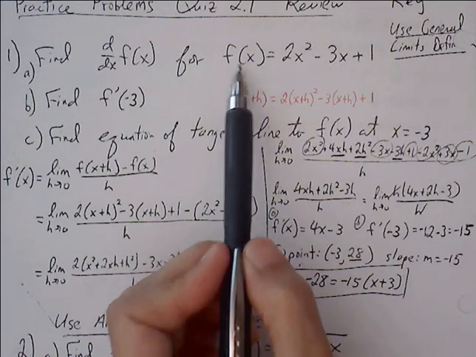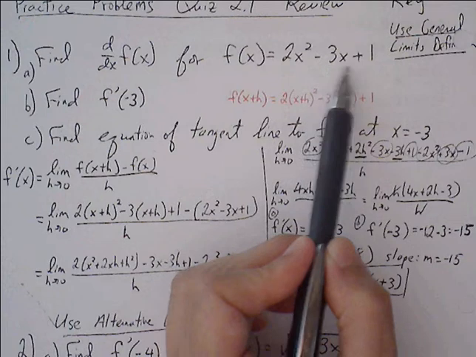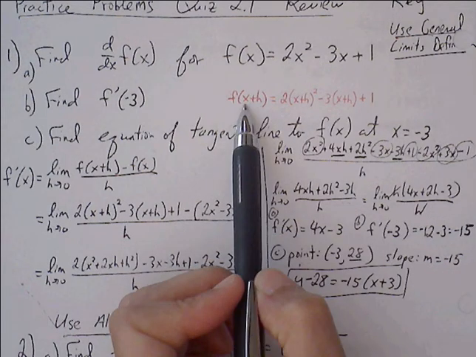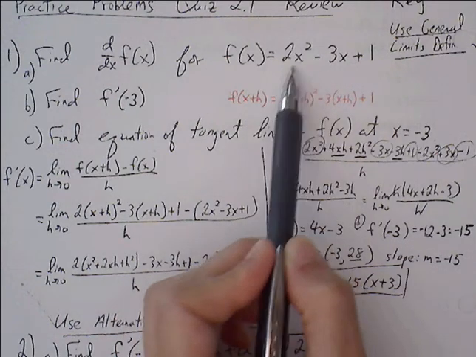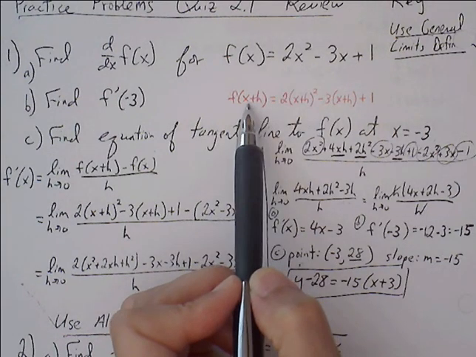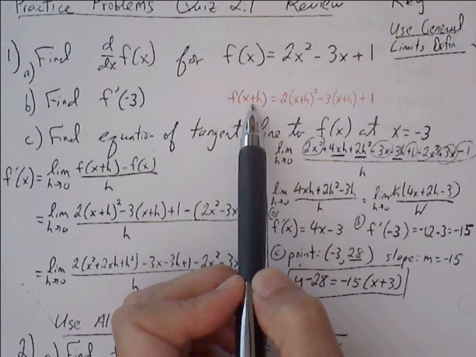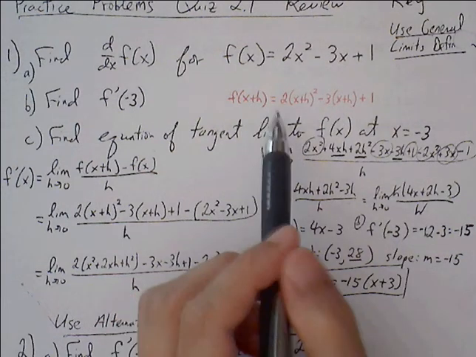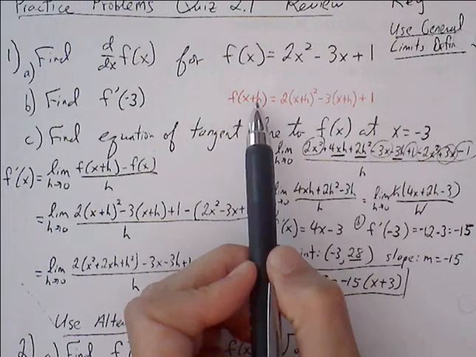If f of x is 2x squared minus 3x plus 1, then f of x plus h means that I'm going to replace every x in the function with a new input, and that is x plus h. So every x in the original function gets replaced with x plus h.